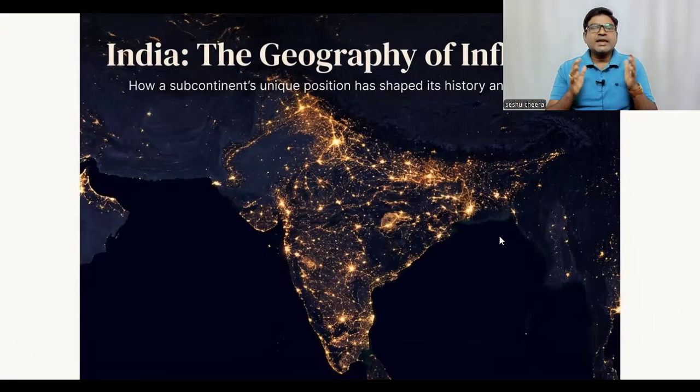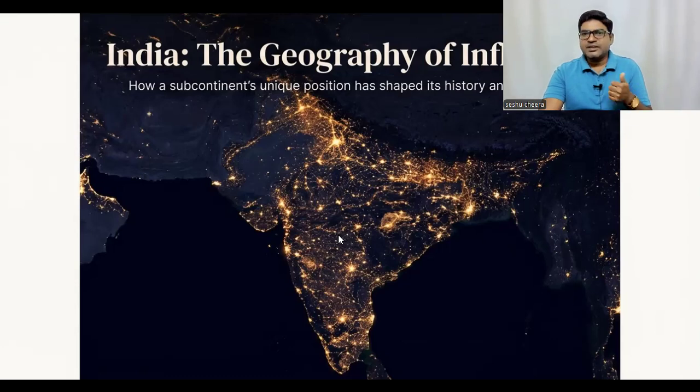So, how can the geography of a country make it something unique and special? As you can see on the screen, this is the country that we are talking about, India. India's location, India's position, India's latitudinal extent, India's longitudinal extent, all we are going to cover in one go. So, stay with me till the end of the module.